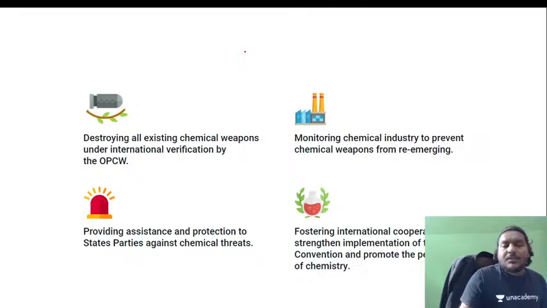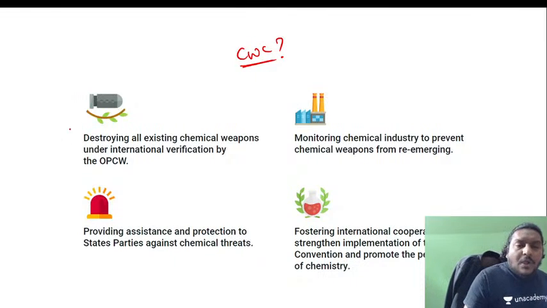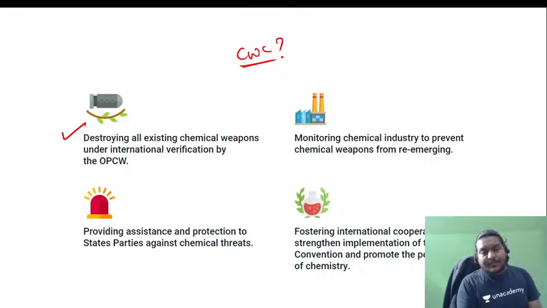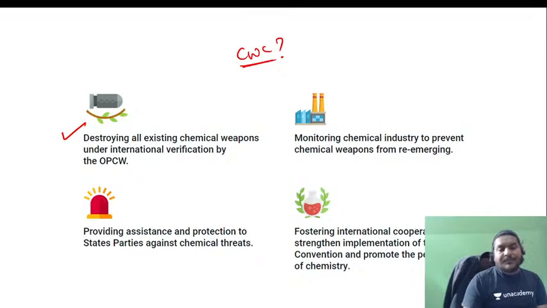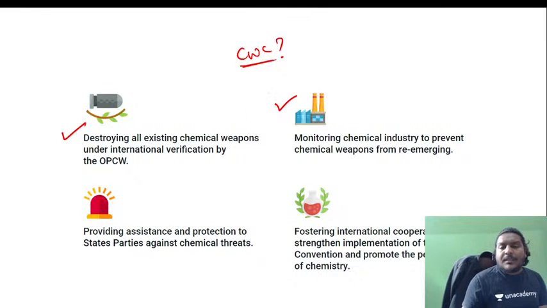So in short, what does the Chemical Weapons Convention do? One thing is very clear: destroy all the existing chemical weapons with international verification. They will keep an eye on the chemical industry to prevent these weapons from coming back. They want to promote international cooperation.